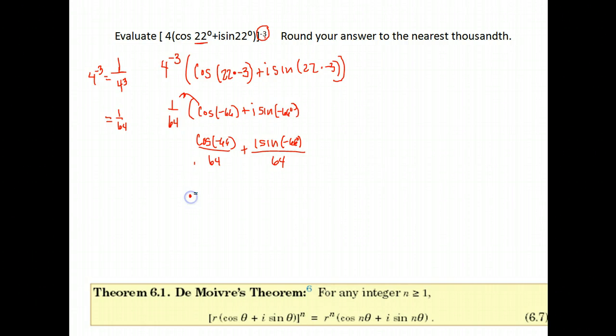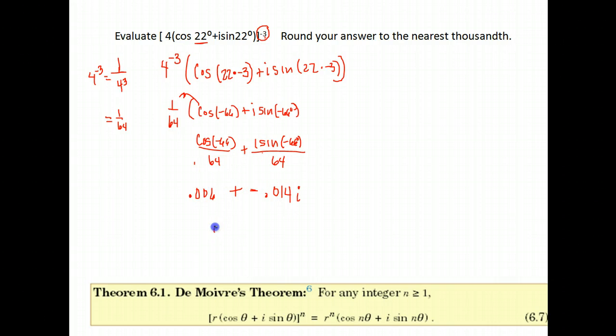And I get 0.006. And here I take the sine of -66, which is -0.913, and I divide by 64. For that one I get negative 0.014, and don't forget your i.